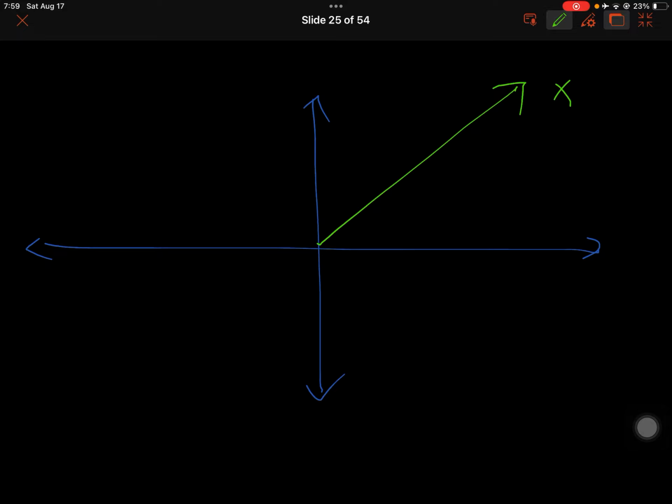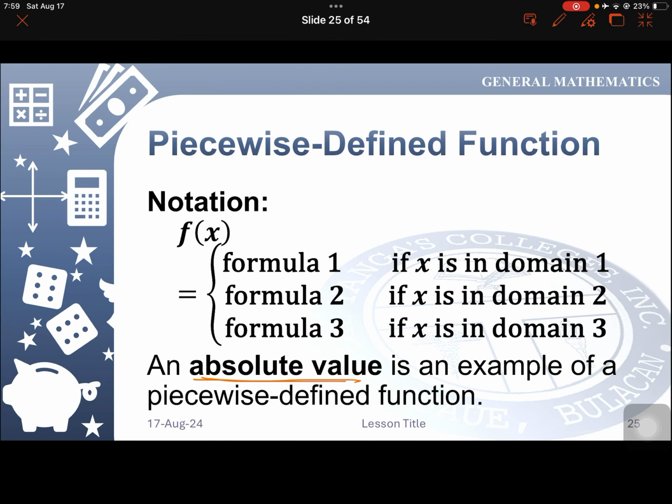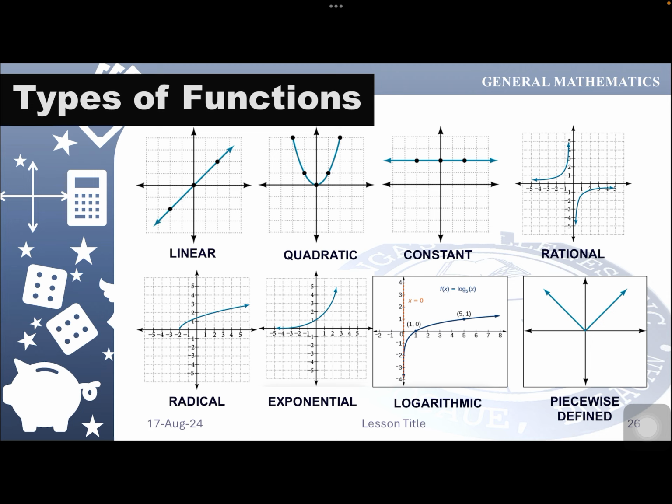This corresponds to the domain x is greater than or equal to 0. And this one here corresponds to the domain x is less than 0. Okay, so this is the absolute value function.